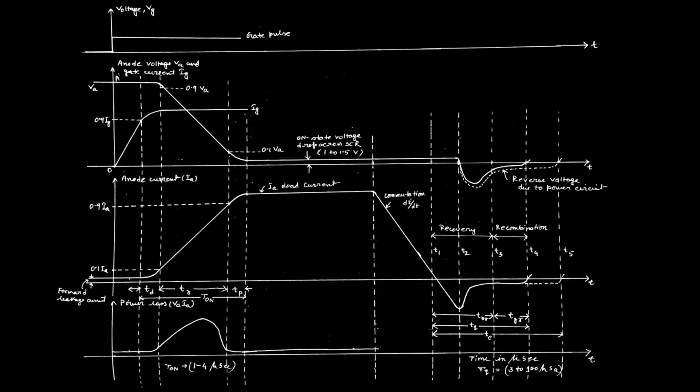Now suppose we are trying to switch off this device. We know the device can be switched off when the anode current falls below the holding current. So suppose we are trying to reduce the anode current from this point below a certain amount, in this region from this point to this point. The device is still in the working state, because the internal charges are still moving.